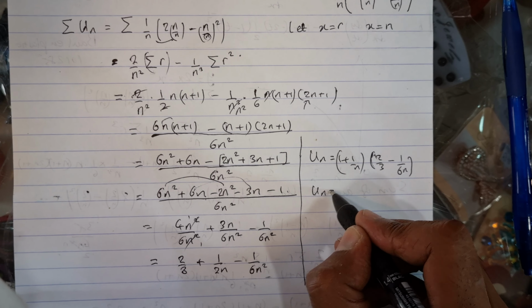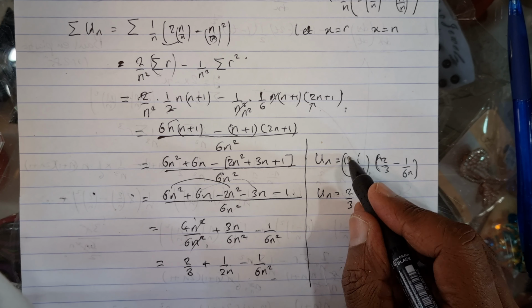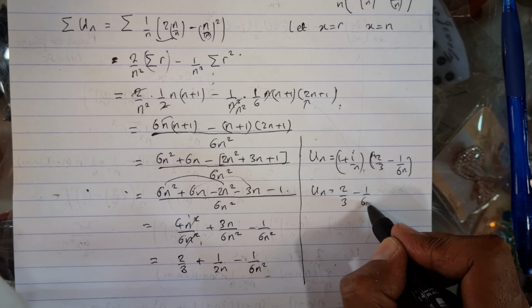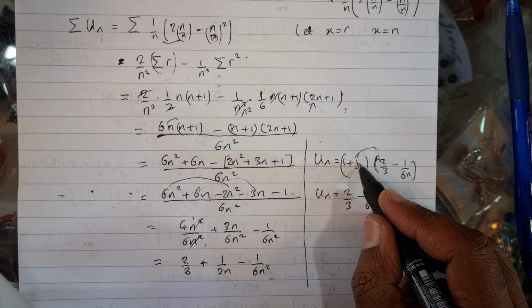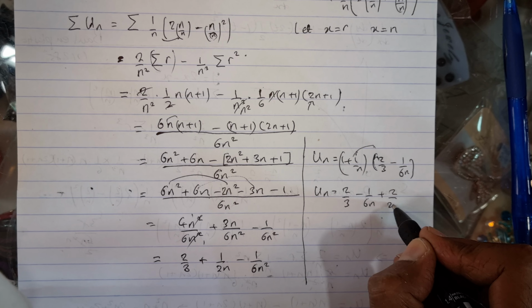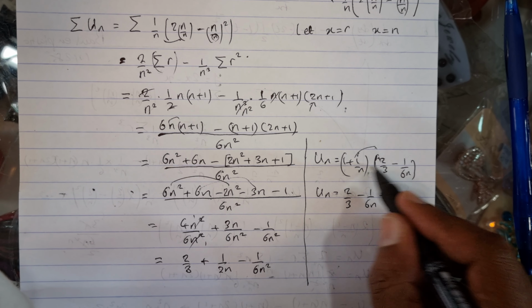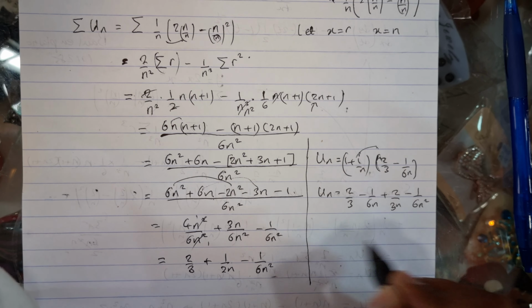So let us try and expand this. 1 times 2 over 3 is 2 over 3, and then I've got minus 1 over 6n, and then plus 1 over n times 2 over 3 is 2 over 3n. And then 1 over n times minus 1 over 6n is minus 1 over 6n squared.